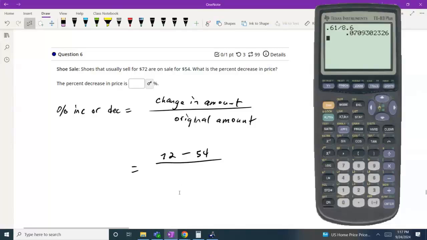What should my denominator be? Well, the denominator is going to be the original amount. So if I read this again, it says shoes that usually sell for $72. So that $72 is the original amount.